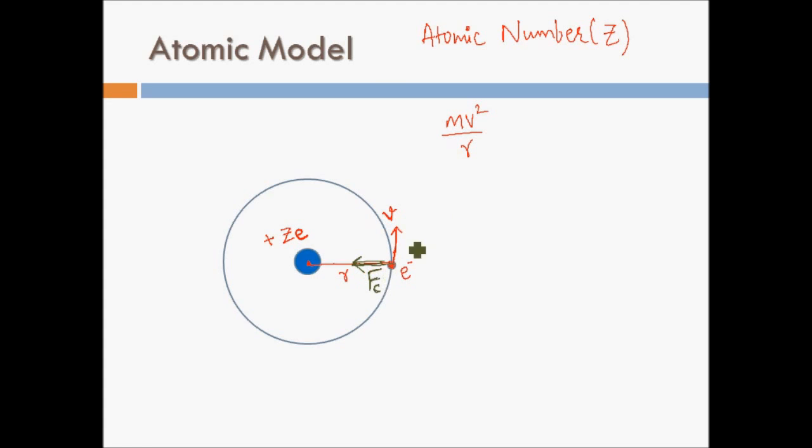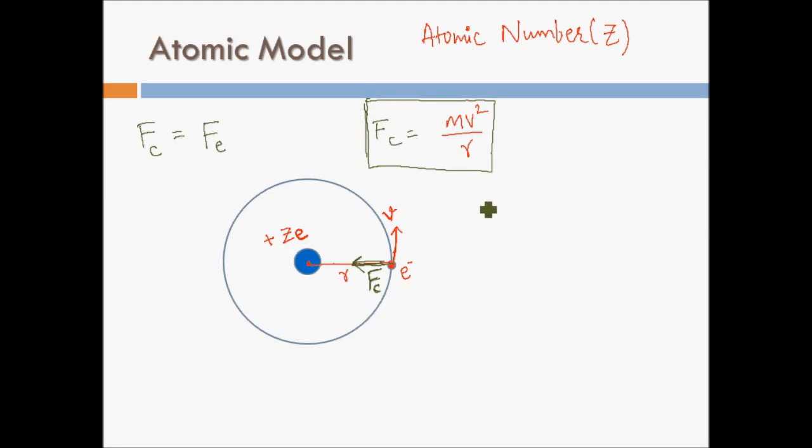So where is this centripetal force coming from? This centripetal force Fc is basically a result of the electrostatic force between the positive nucleus and the negative electron. Two unlike charges always attract each other. So this centripetal force, mv square by r, is a result of the electrostatic force of attraction.